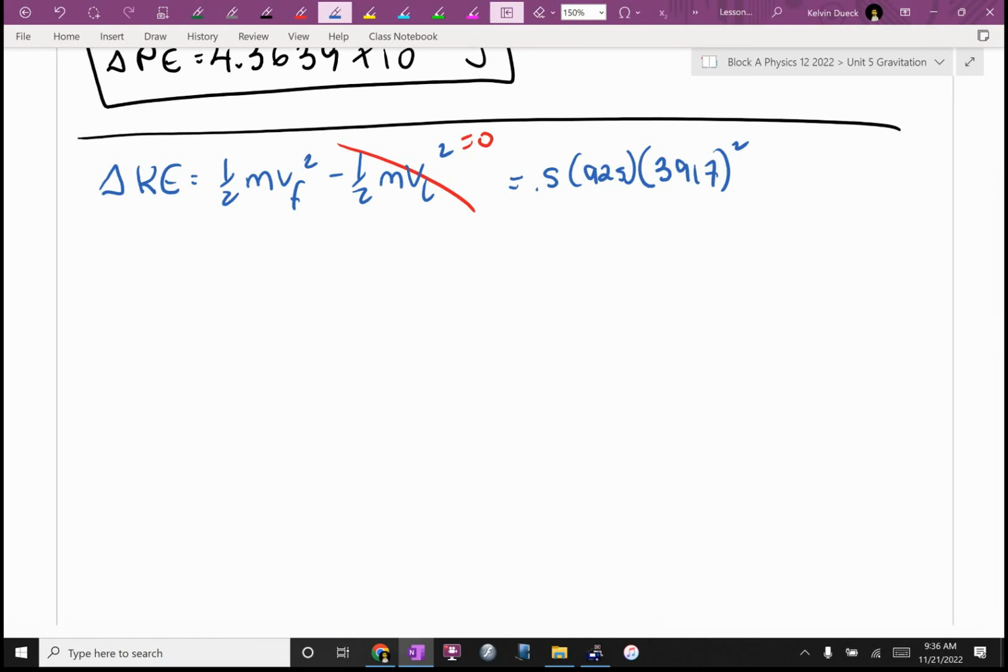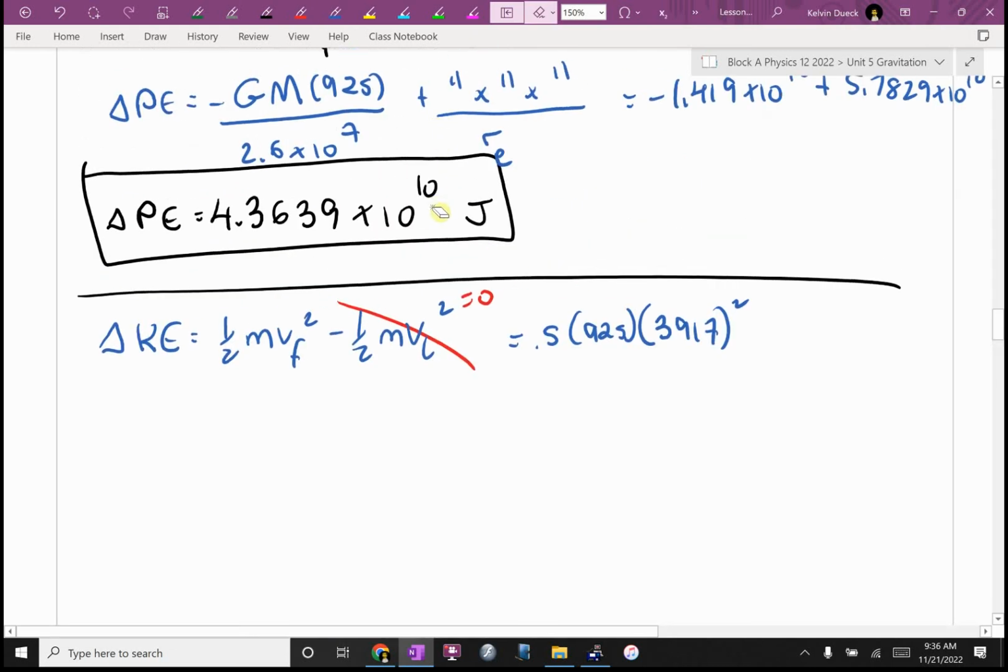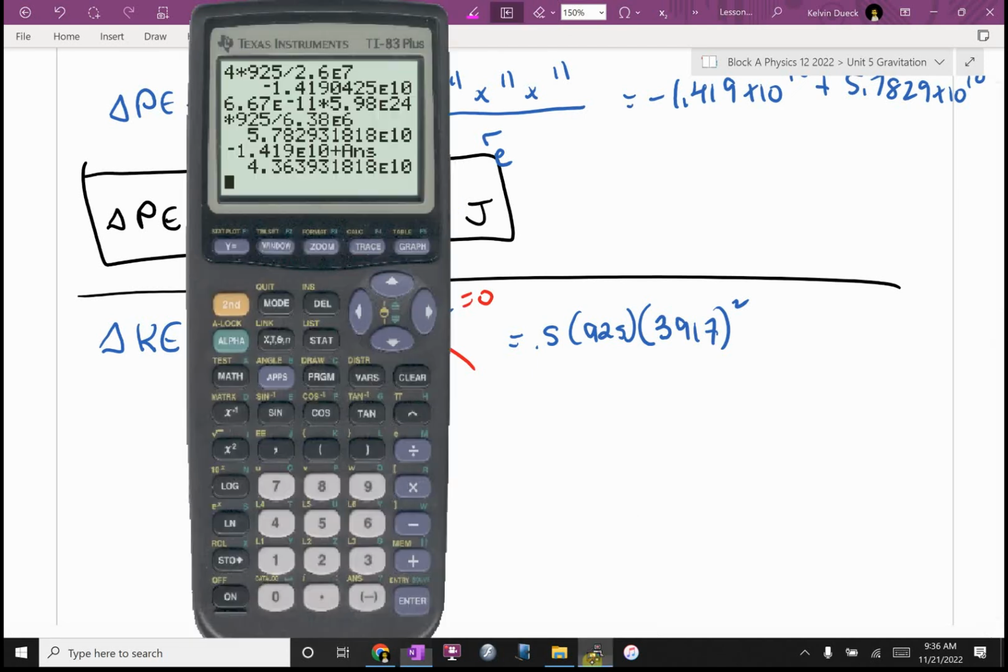In other words, instead of a 10 to the 10th, I'll bet you get a 10 to the 9th. 7.0961 times 10 to the 9th. Did your calculators give you the answer in scientific notation? Yeah, okay. So 7.0961 times 10 to the 9th.